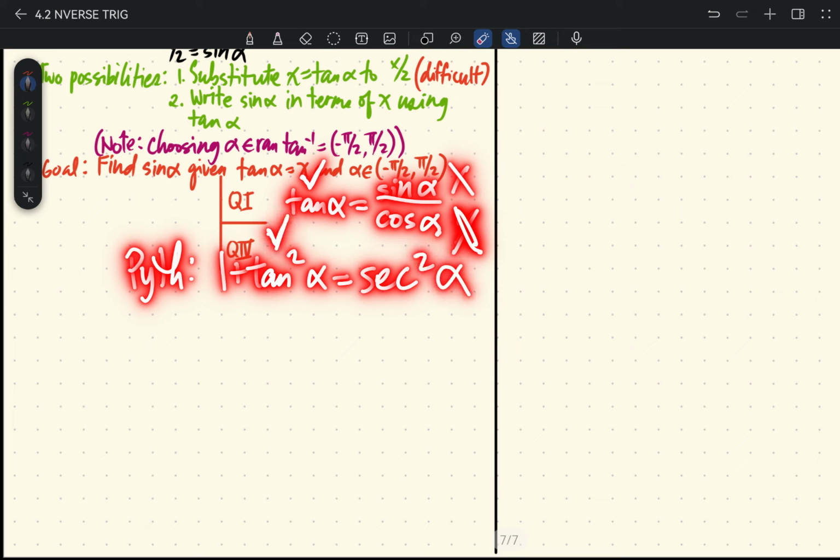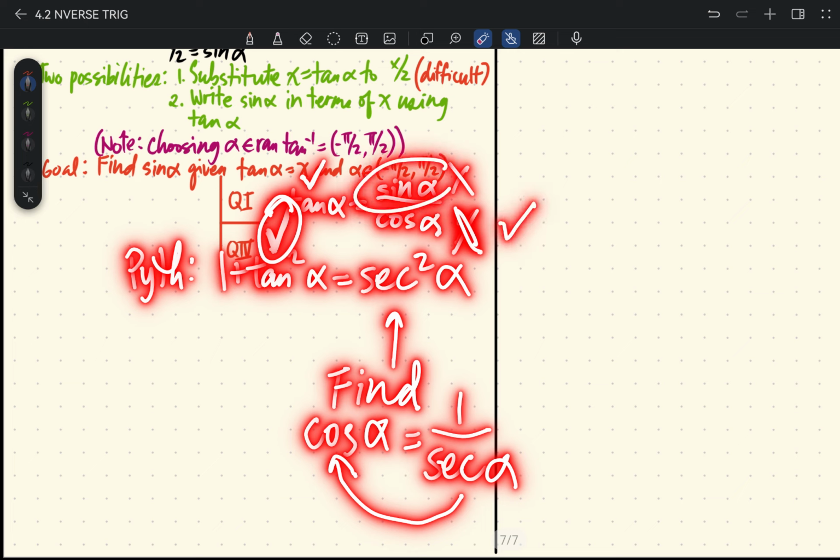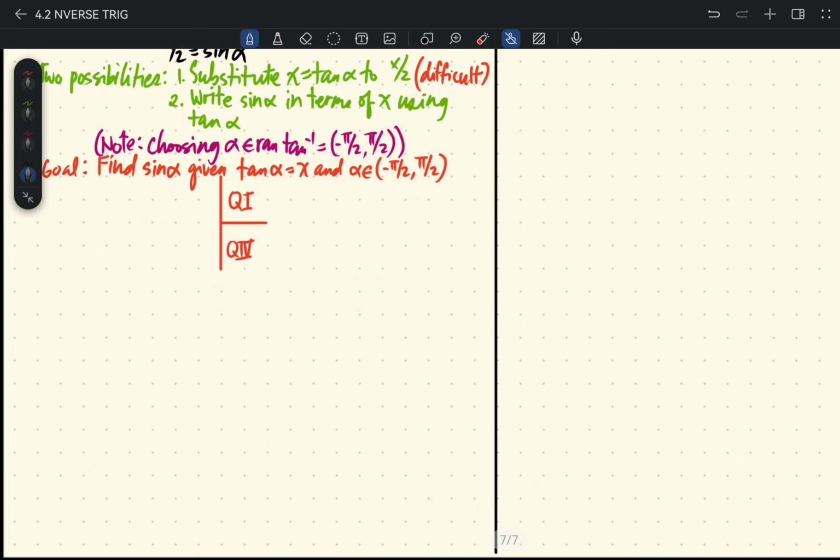And since we know something about tangent squared alpha, we can find this one. And taking note that cosine alpha equals 1 over secant alpha, eventually we can find cosine alpha. And once you know cosine of alpha, you can find sine alpha right here.